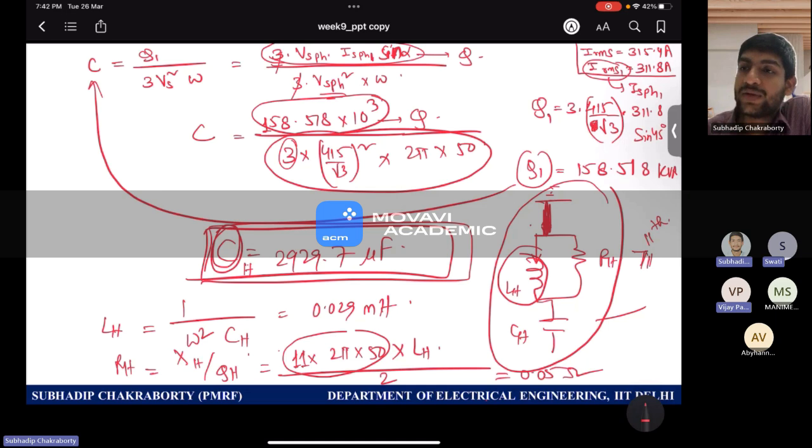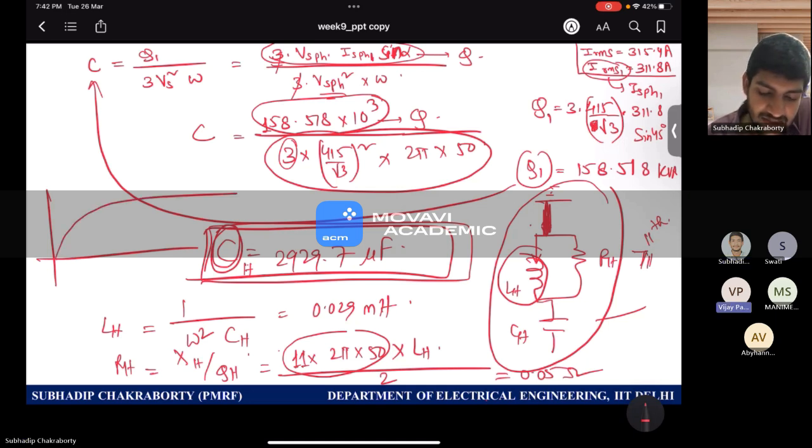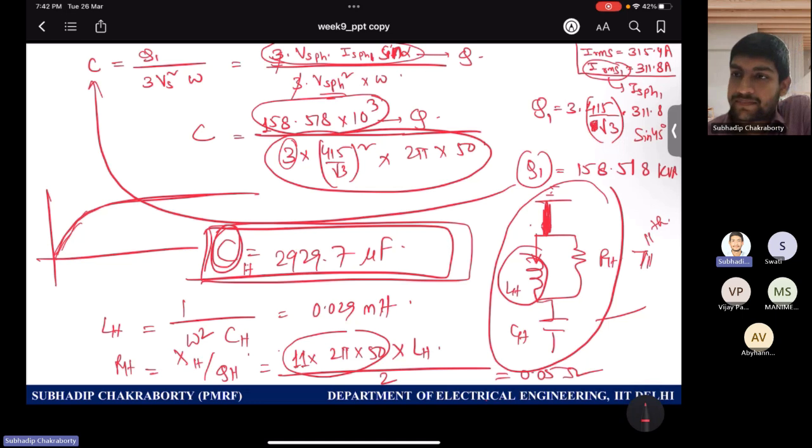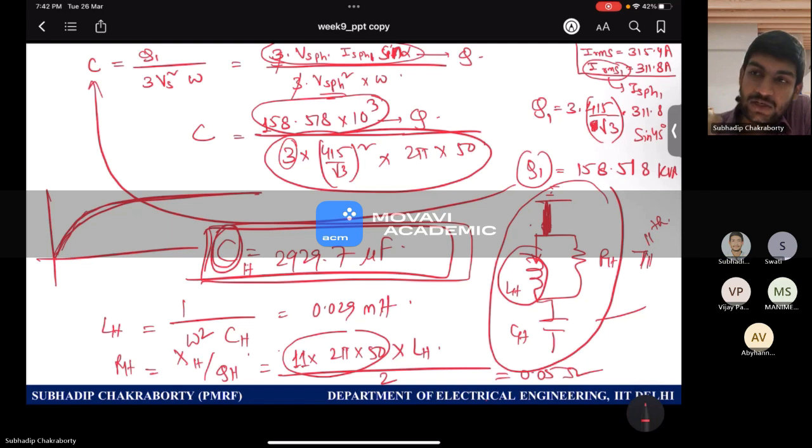But if you draw the Bode plot of this kind of filter, it will come like this, that high pass filter. At low frequency impedance is low, sorry, at higher frequency impedance will go low, and its acceptance of harmonics will increase because it is providing a low impedance path to the higher order harmonics.